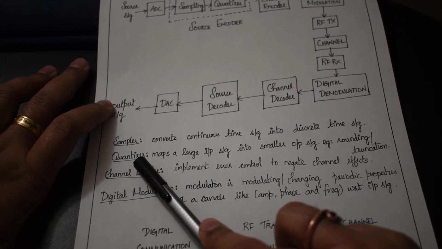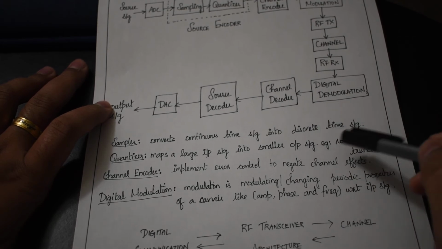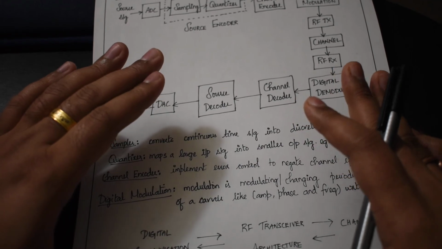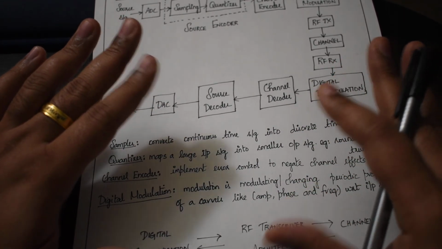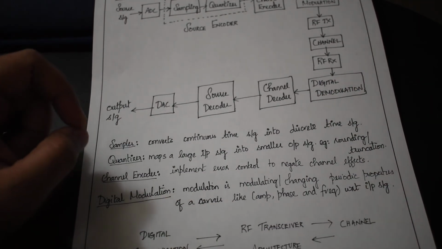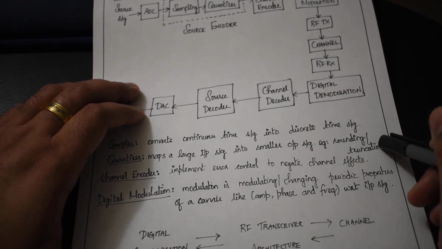And the quantizer maps a large input signal into smaller output signals, which means that it clubs a lot of signals together and makes codes of multiple smaller output signals. So you can also call it rounding or truncating.